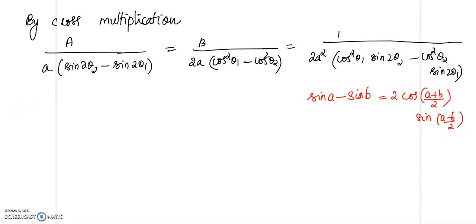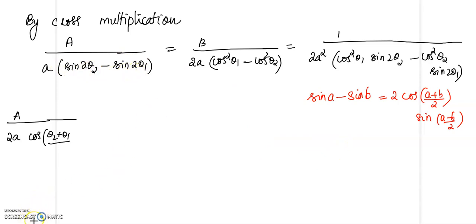So the first term becomes 2a cos (A plus B)/2. So here you will get (theta 2 plus theta 1), that is (2 theta 1 plus 2 theta 2)/2.